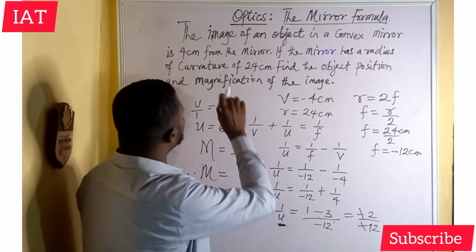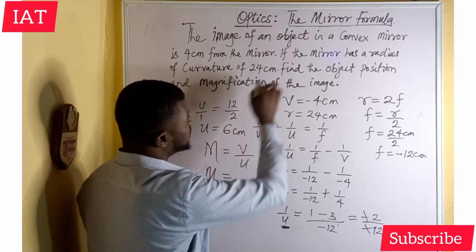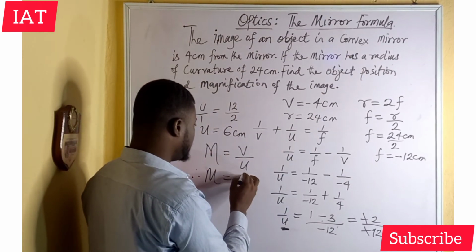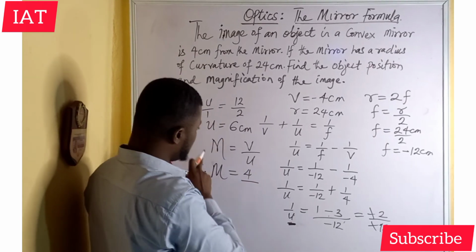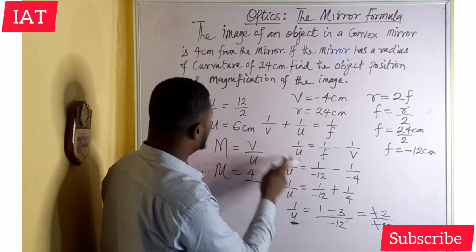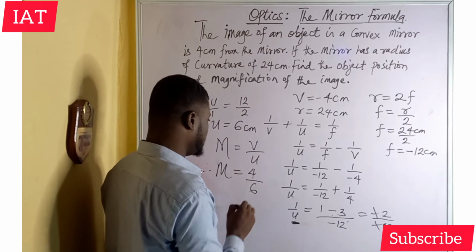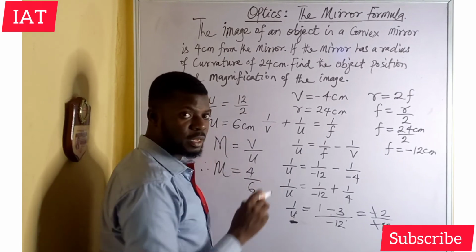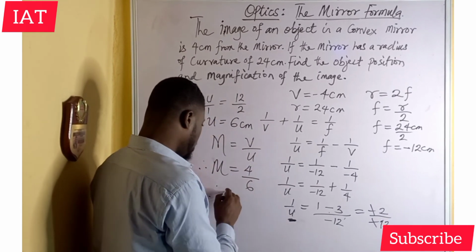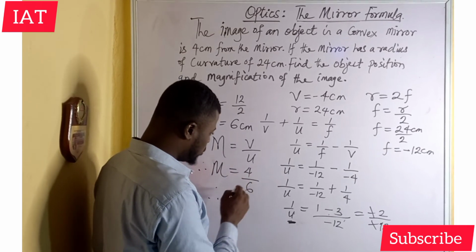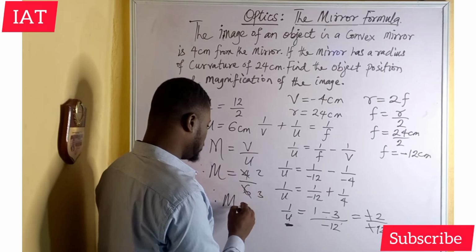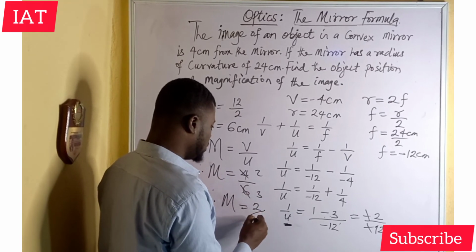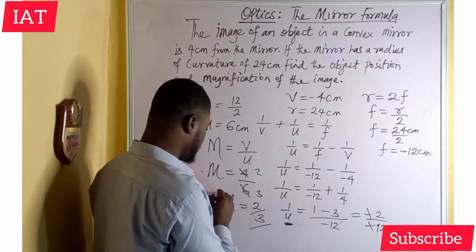At this point, we treat it as 4 cm the way it is from the equation, over u, which has been calculated to be 6 centimeters. Of course, we cancel out the centimeter. So instead of leaving it like this, 2 goes into 4 two times, and 2 goes into 6 three times. So we have 2 over 3.